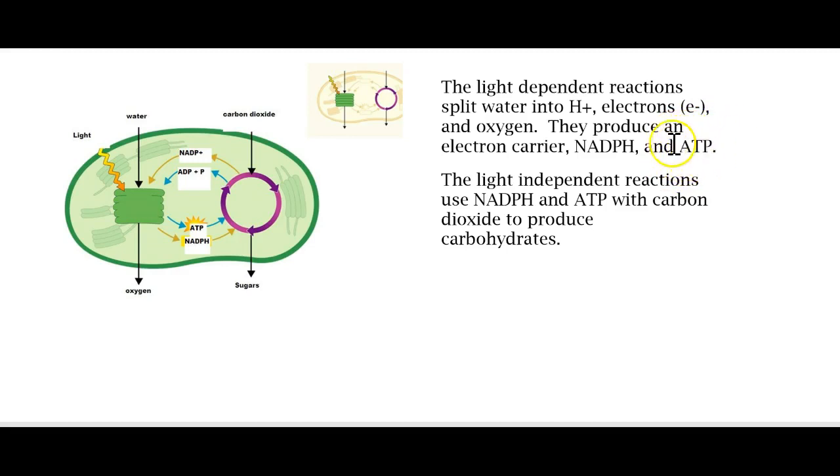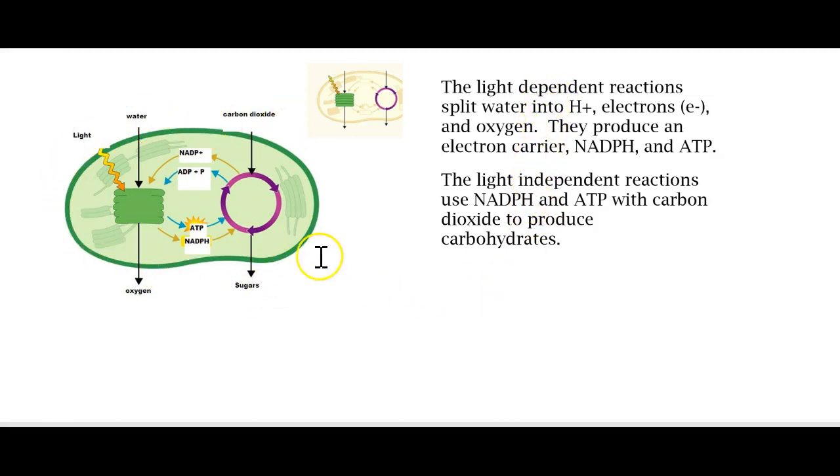And that ATP and that NADPH, the products of the light-dependent reactions, are going to be used in the light-independent reactions. So that NADPH and the ATP, along with the carbon dioxide that the plant cells bring in, that's how carbohydrates are going to be produced.